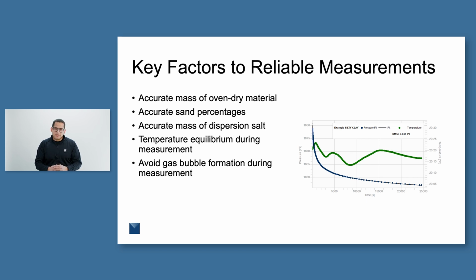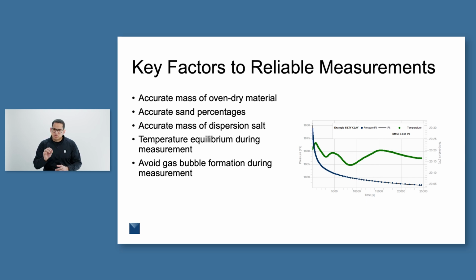And lastly, one thing that can result in error, and this is maybe a little more critical in the Pario Plus measurement because we're using that precise pressure transducer, but it can also be an issue for both pipette and hydrometer methods, is gas bubble formation during the measurement.